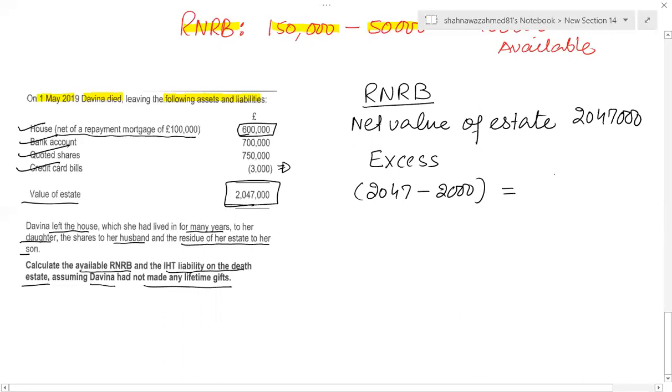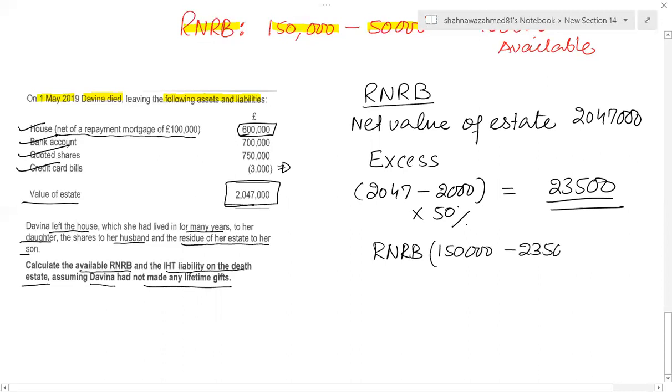So the excess value is multiplied by 50% or divided by 2. So in this way, 47,000, so this is 23,500 reduction. So RNRB available 150,000 minus reduction 23,500.